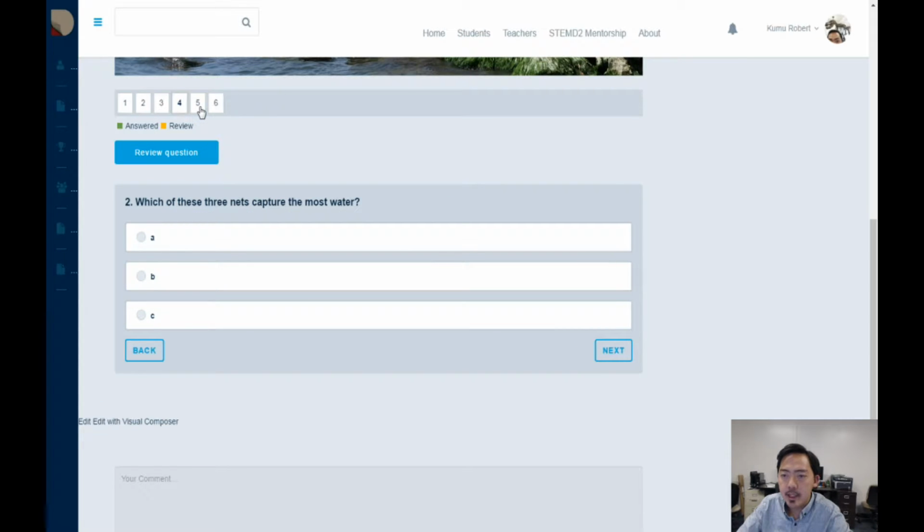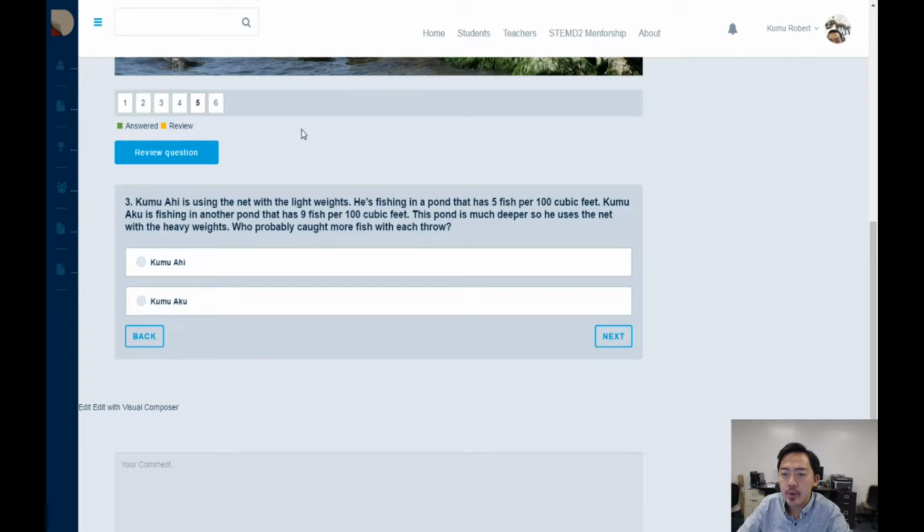In the next activity, we talk about the fishermen, Kumuahi and Kumuaku. Kumuahi and Kumuaku are fishing in two different ponds. The pond that Kumuahi is fishing in has 5 fish for every 100 cubic feet. Kumuaku, on the other hand, is fishing in a different pond that has 9 fish for every 100 cubic feet.